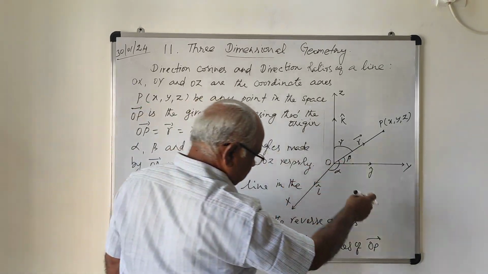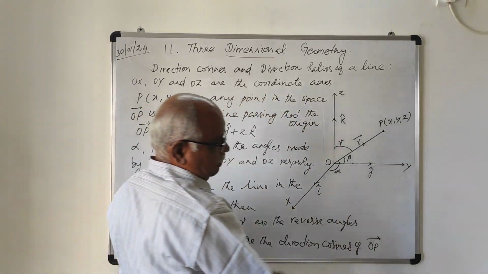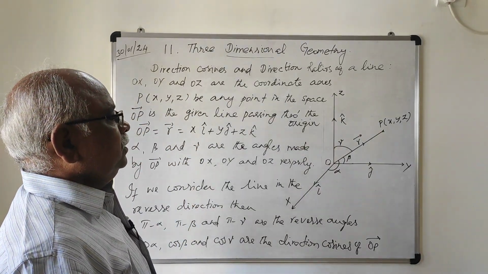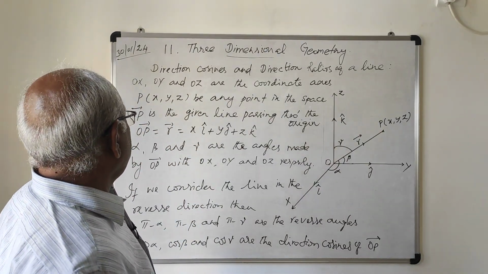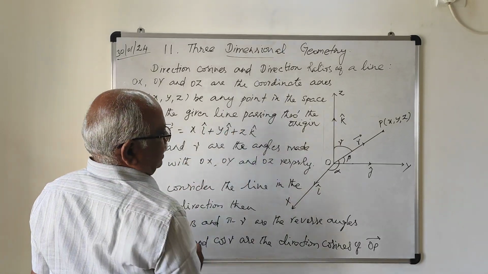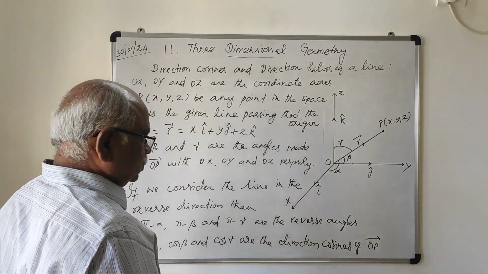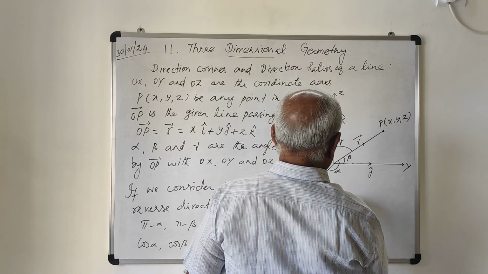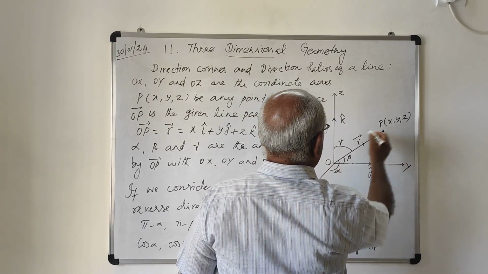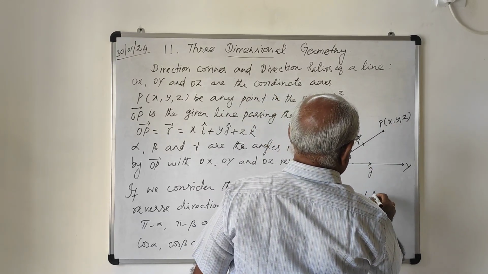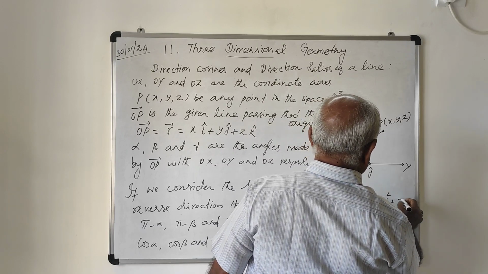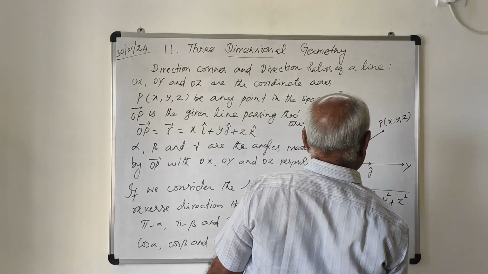Here we are considering not the vector OP, it's a line OP. And our vector is x i plus y j plus z k. So the modulus of our vector is the distance between O and P, that is equal to root of x square plus y square plus z square.